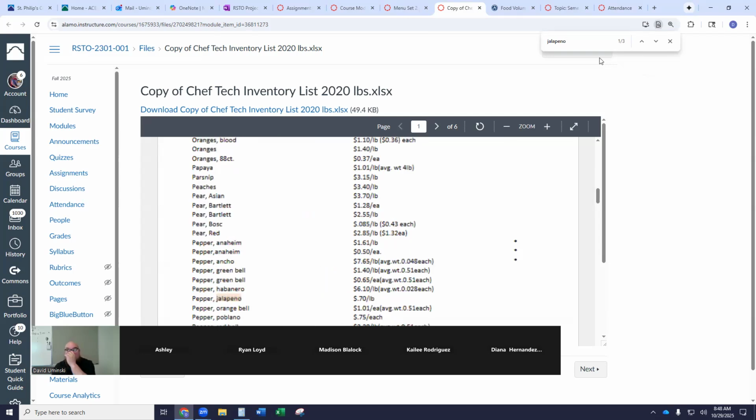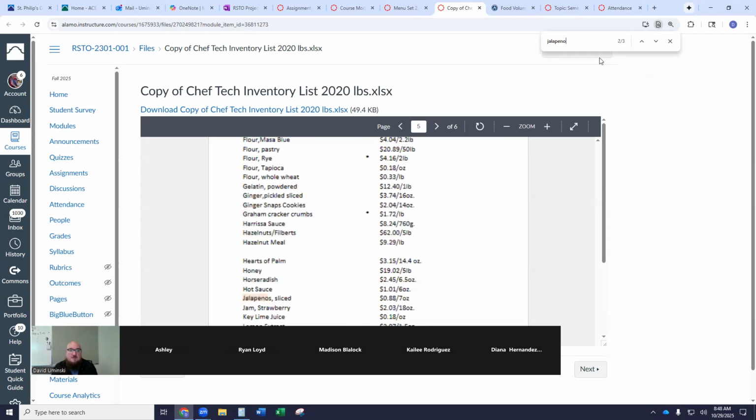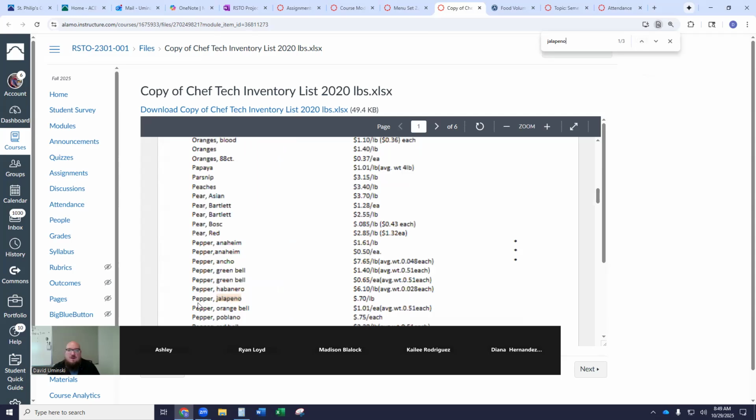So we have three options for jalapeno on the Chef Tech inventory list. The first one is 70 cents per pound. The second one is 88 cents per 7 ounces. If we look at the ingredients around each of those, this one that's a jalapeno sliced is within the dry goods area, which means it's probably canned jalapenos, like pickled jalapenos. And we don't want that. We want the raw jalapeno.